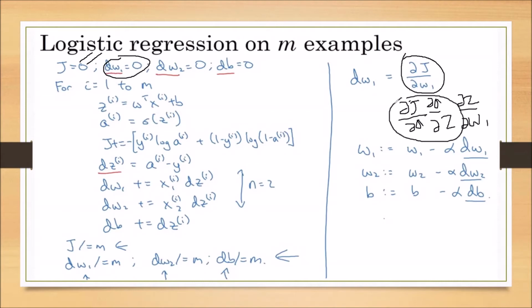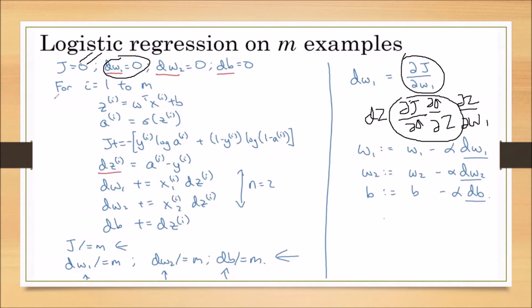We calculated that value as a minus y, and we are calling this dz. So whenever we calculate dw1, it is the product of a minus y into x1. So a minus y, we are taking as dz. If you remember that equation, the programming will be easy for you.